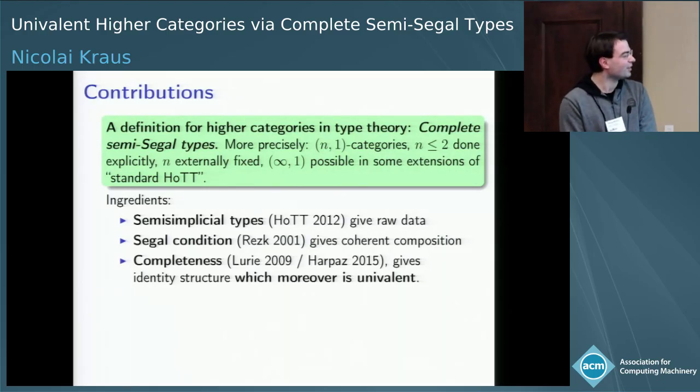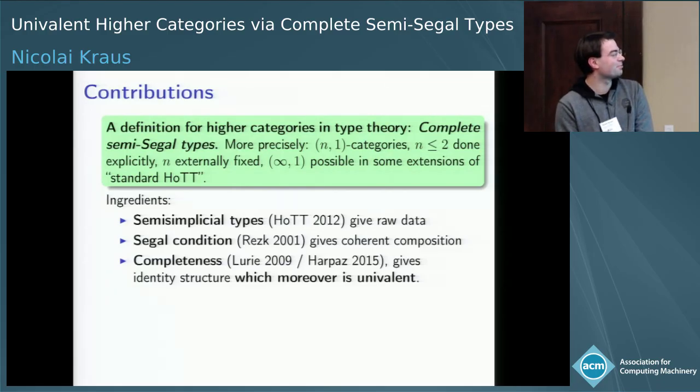So yeah, the first ingredient of this definition are semi-simplicial types. This is something which has been discussed a lot in the community for homotopy type theory, and they give the raw data. The second thing which we need to put in is the Segal condition, which Charles Rezk has proposed 17 years ago or so.